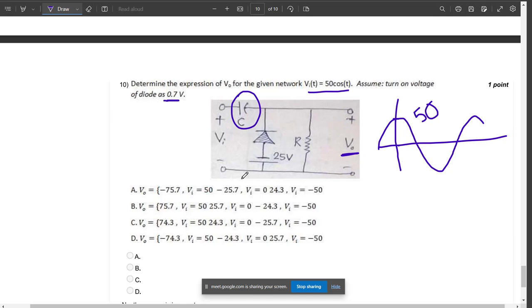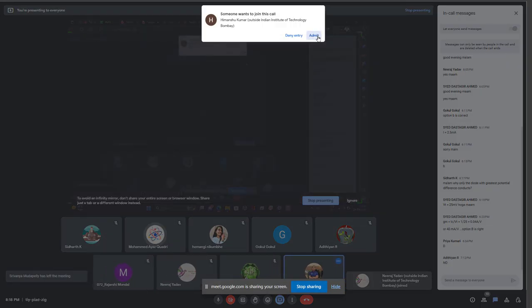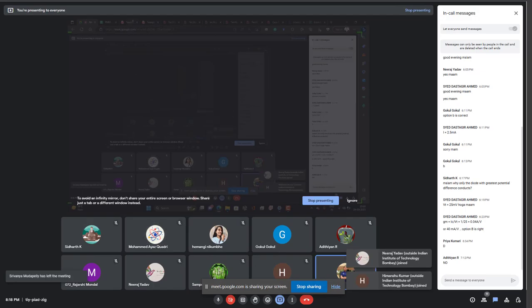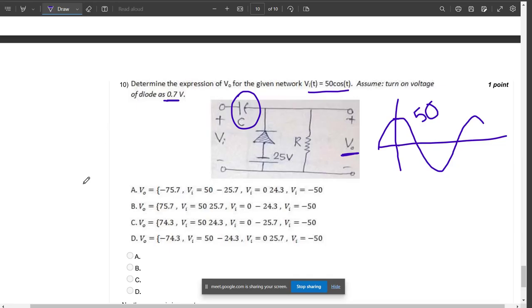Ma'am, the capacitor will charge up to the DC voltage that is present in the loop. Yes, good, good. Okay, so you get it right.